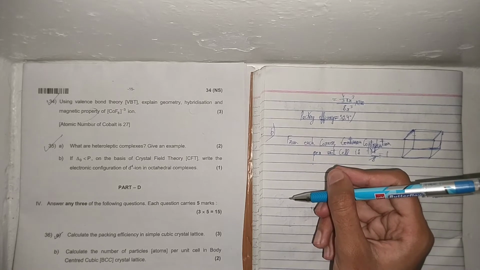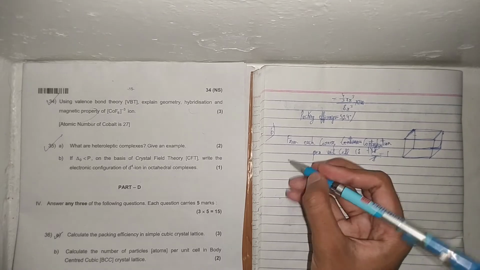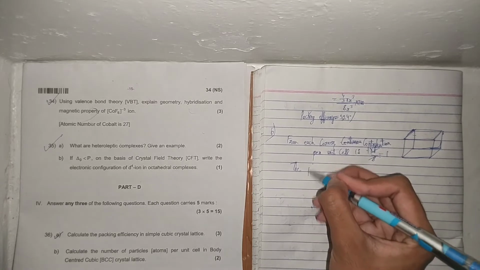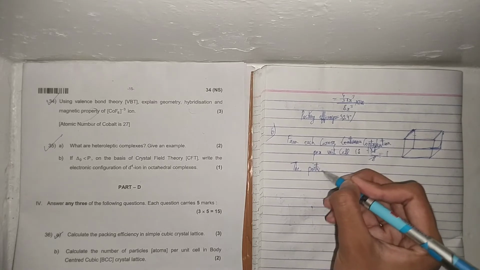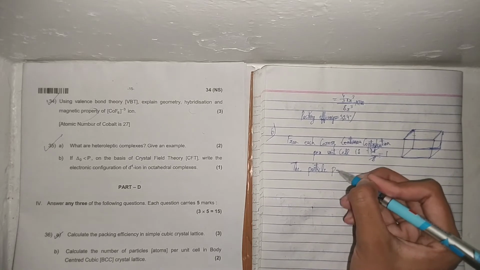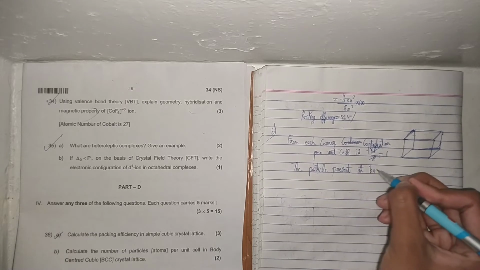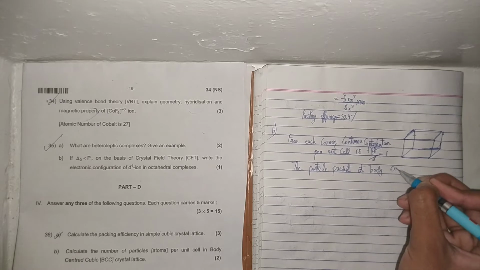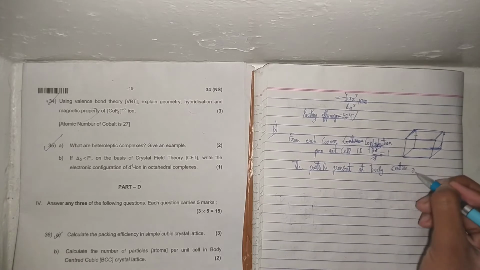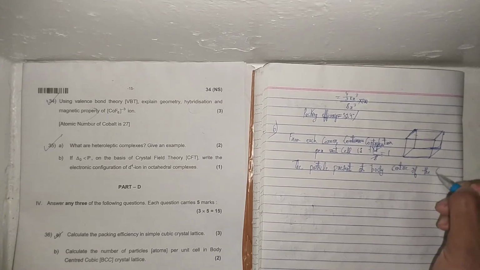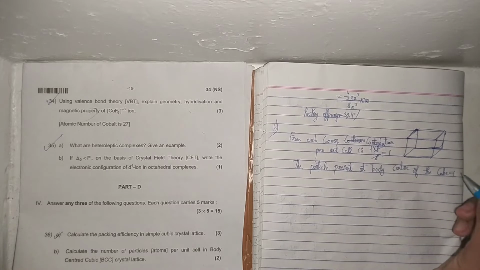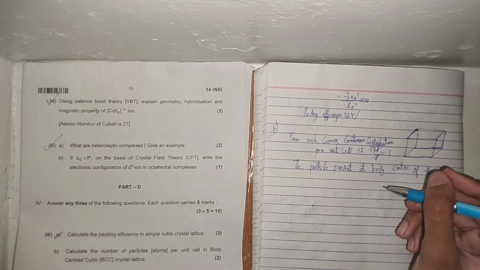So the particle present at the body center of the cube is equal to 1. So this is the answer.